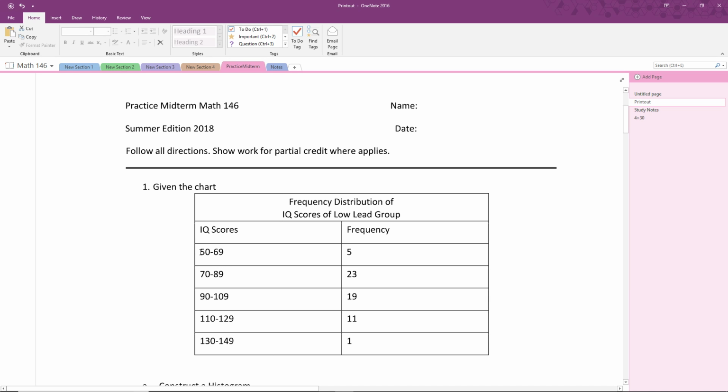You'd have to put your minimum, you'd have to know where you want it to start, and you want to know what the class width is, and then that would be all. And then after that, you just total up the number of data points that's in this class, the number that's in this class, and so on and so forth. And that formula was you take the highest number, subtract the lowest number, and divide by the number of classes that you want. So that's one way to get it.